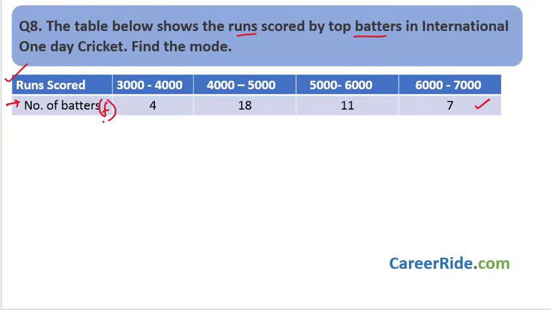So when we look at row number 2, the frequency row, what is the maximum value? 18 is the maximum value here, right? This is the highest frequency that we see in the data. So the class interval associated with it is the modal class, which means your 4000 to 5000. This is your modal class.